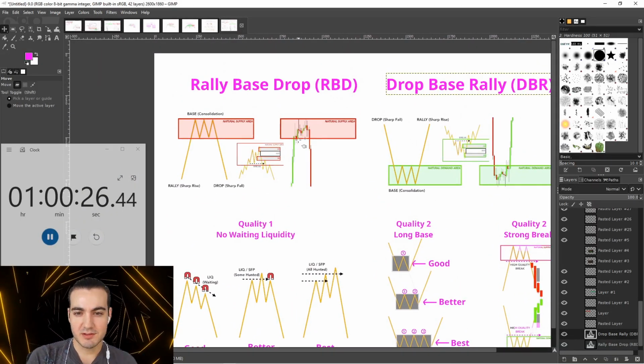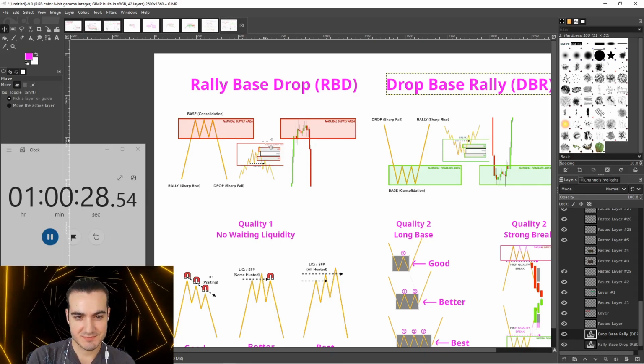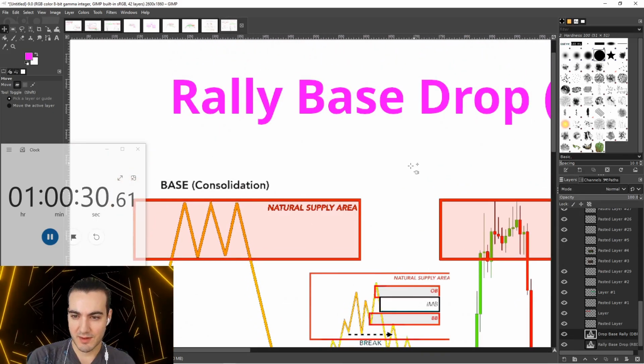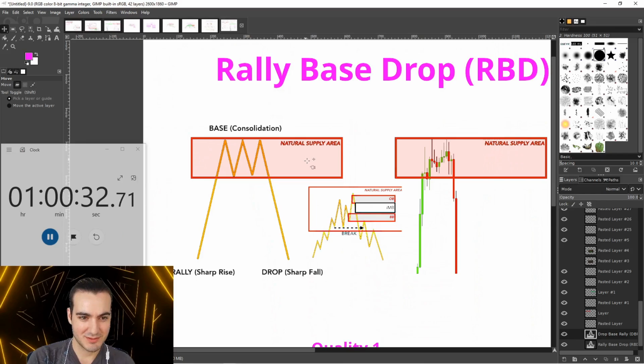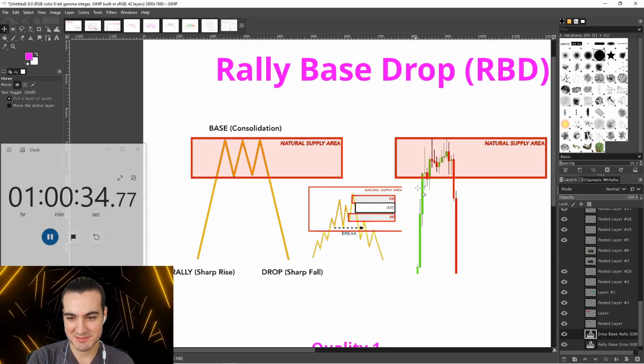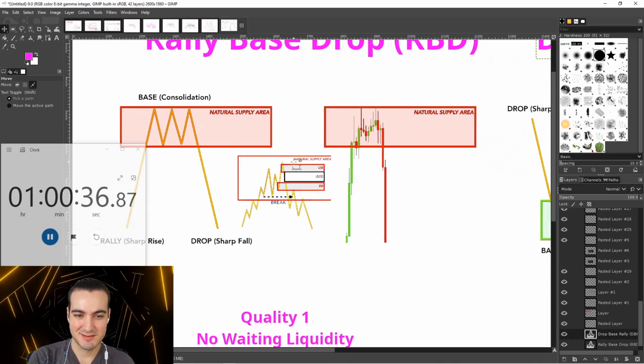Okay, I think I'm ready to walk through this. The rally-base-drop, also called the Bart Simpson pattern, because it resembles Bart Simpson's head.